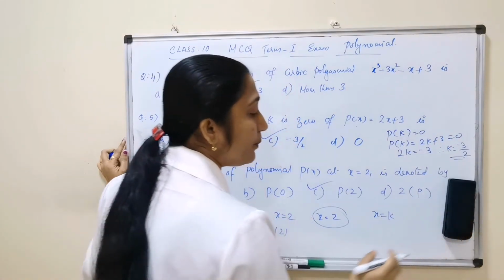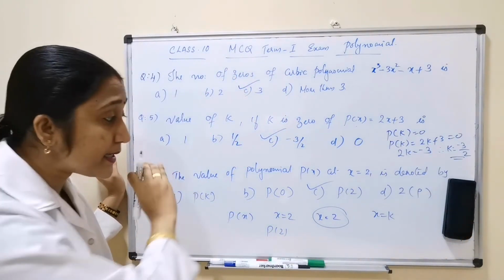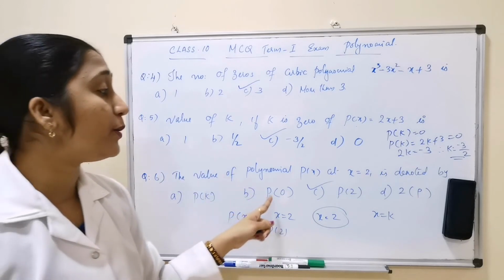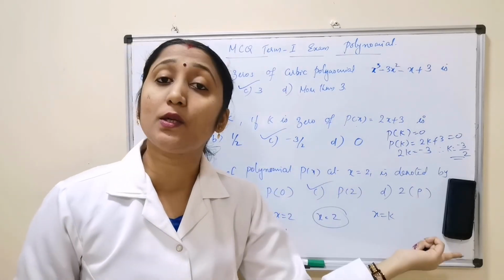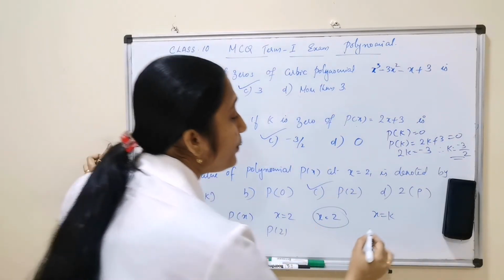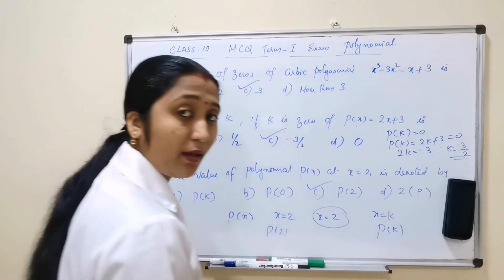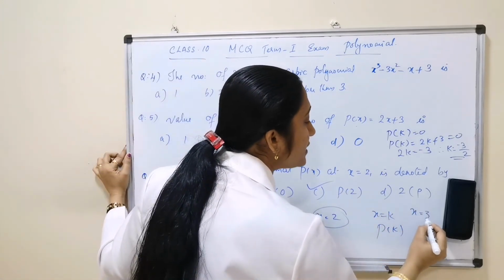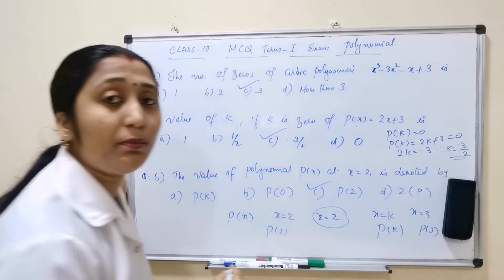How can we denote it? It is p of 2, so the option is C, p of 2. If the value of polynomial p of x at x equal to k, it is denoted by p of k. If x equal to 3, it is denoted by p of 3.